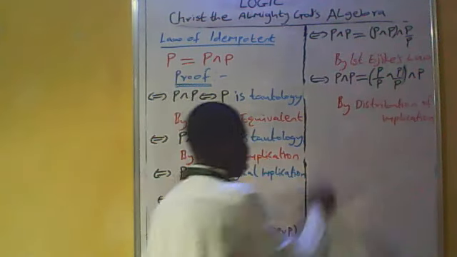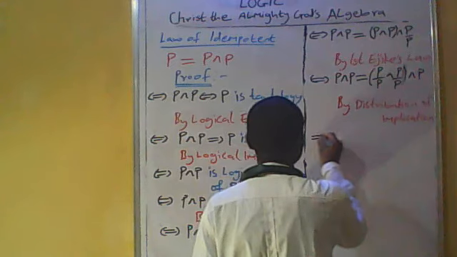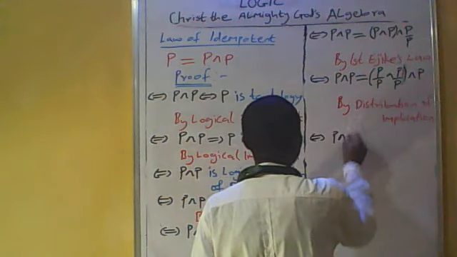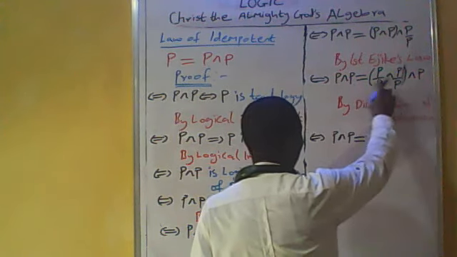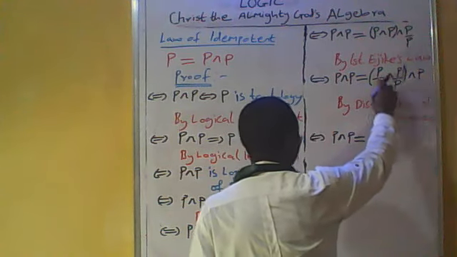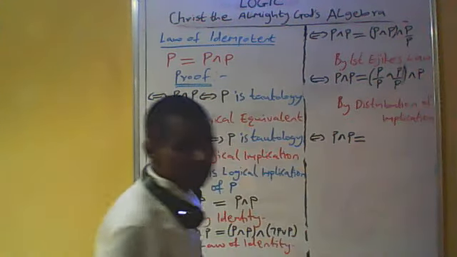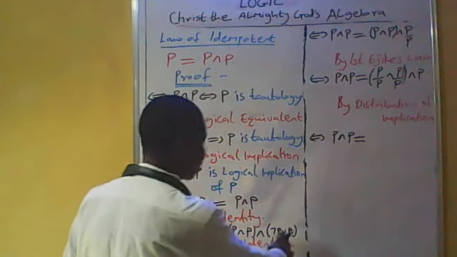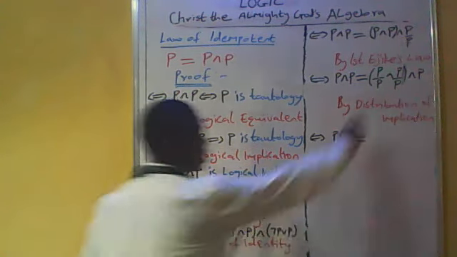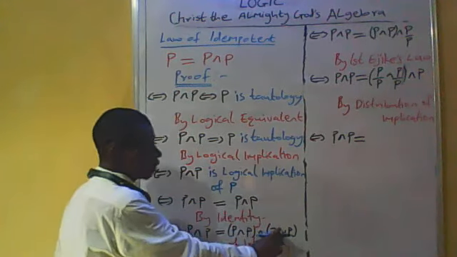If and only if P and P is equal to, we are going to transform all these conditional statements to disjunctive statements, because this implication is generated from disjunctive statements.